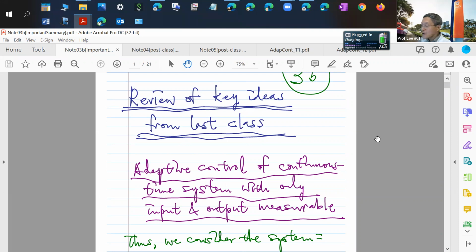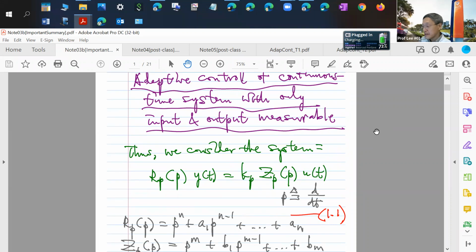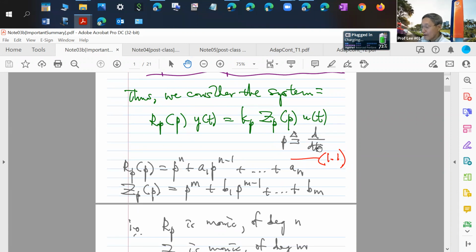Right, so recall in lecture 3, we started posing the problem of adaptive control where there was only input-output measurements, right? So we began to set up the structure, right? First of all, writing the system in this differential operator form, right?